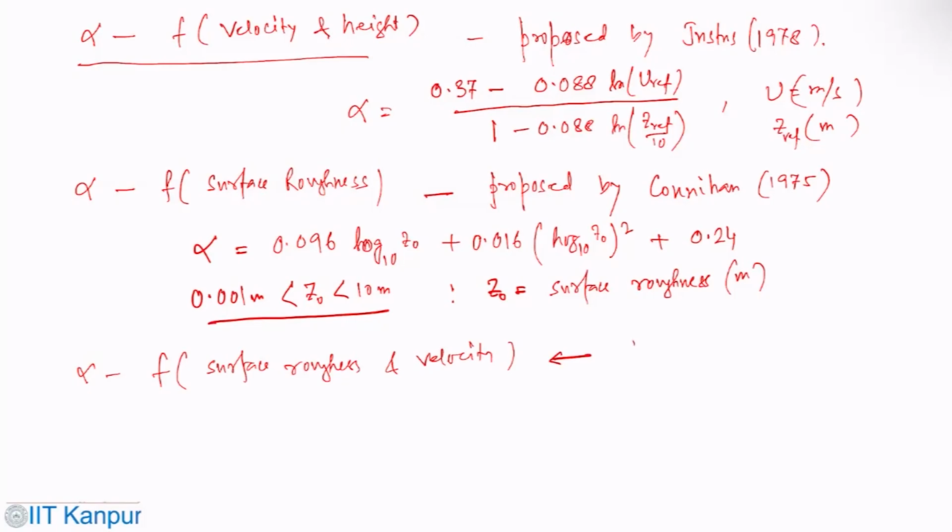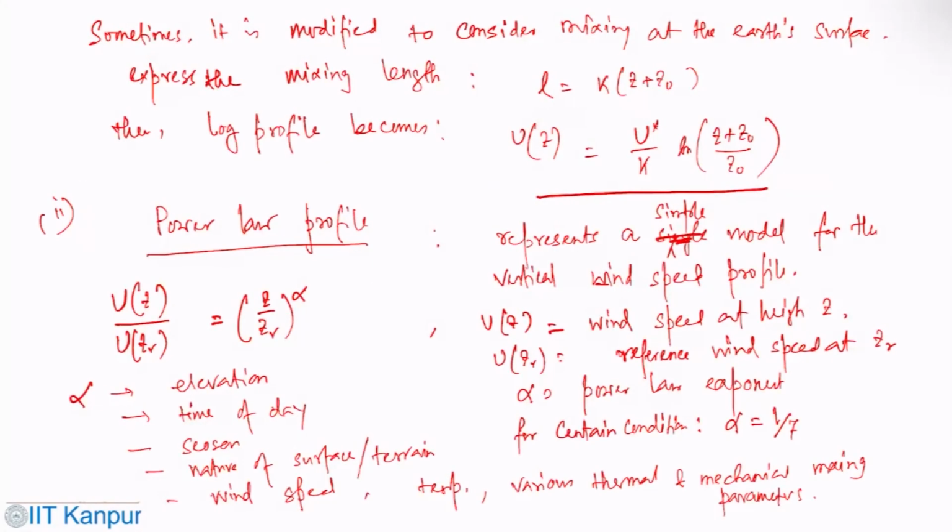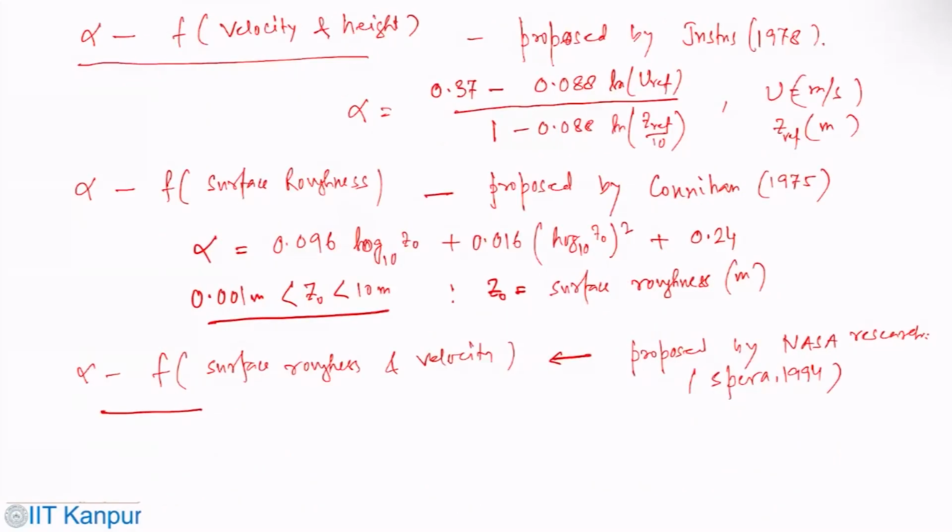This was proposed by a NASA researcher, and you can look at the reference of FRIDA, which tabulates that kind of variation. So even in the power law profile, you can have different correlations. That simplifies the dependency of alpha, which we have talked about, that there are multiple dependencies of alpha, like elevation, time, season, and all these things. So it can reduce to some kind of a correlation.